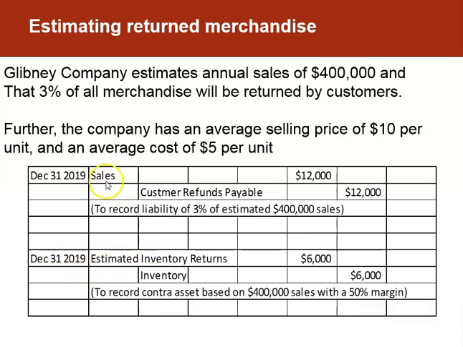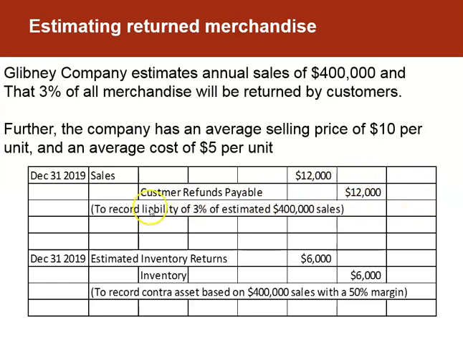See, sales has a normal credit balance, right? In this example here, I just pulled this in from Excel. We're debiting sales for $12,000, and we're setting up an account called, looks like misspelled customer there, customer refunds payable for $12,000.